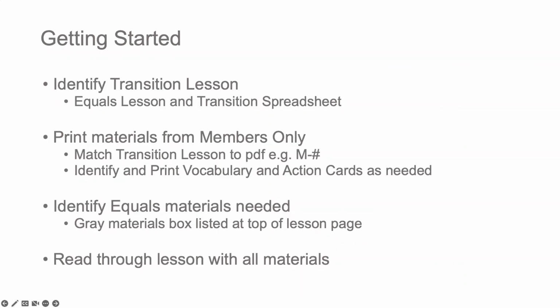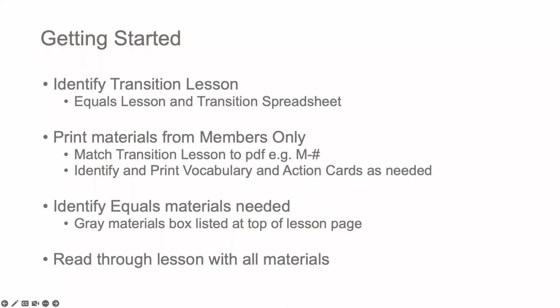As we conclude our webinar today, the first step is to identify the transition lesson you plan on starting with. Use one of the two spreadsheets we discussed today to locate your starting point. Once you know what lesson you plan on teaching, print the materials from your members-only content. Make sure to match the transition lesson identifier to the printed materials.